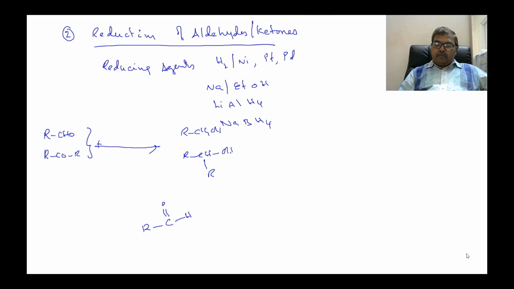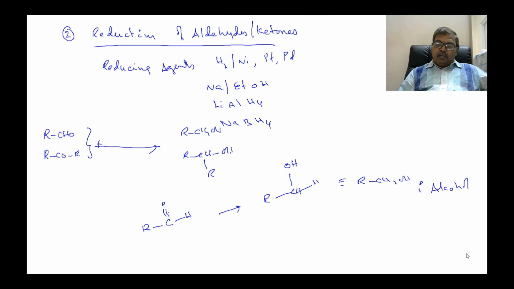Add two hydrogen atoms. The pi bond undergoes fission. Everything else is the same. Now add one hydrogen here, add one hydrogen here. So this is nothing but RCH2OH. So you will get a primary alcohol.